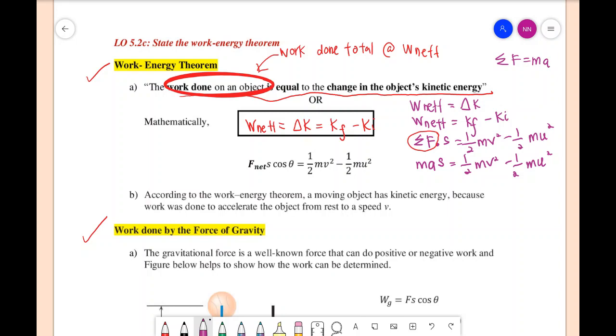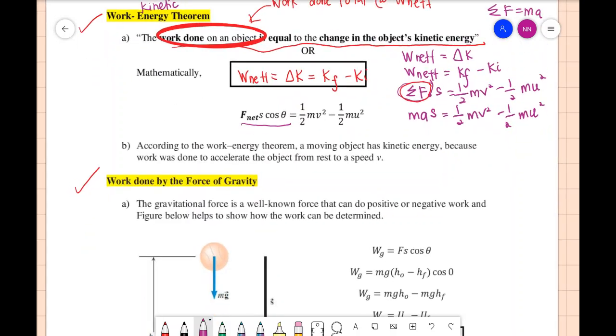That equation comes from chapter 2, when an object moves with constant acceleration. F net here must be parallel to the displacement. So this is the work kinetic energy theorem.